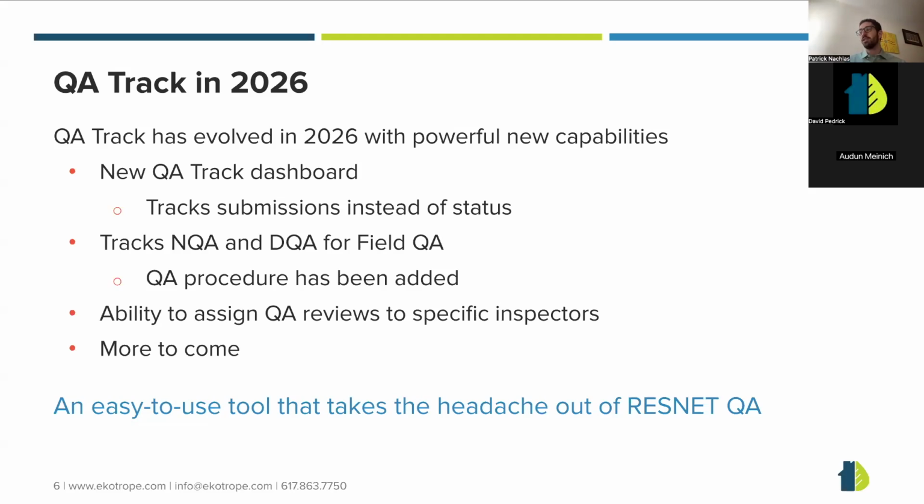You can now assign QA reviews to specific inspectors. We're also tracking how many QAs have been submitted to ResNet, not just a status that you assign to it. And there are more updates planned. This is just what we've done so far this year.